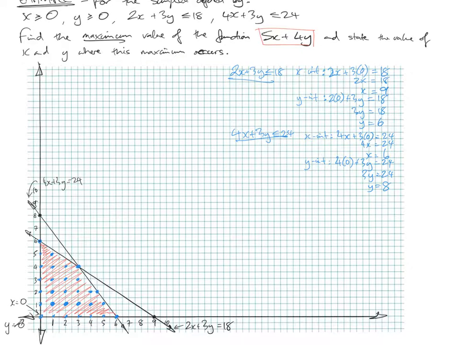To run the simplex algorithm, we need to chuck in the feasible solutions and the objective function on this side, which was 5x plus 4y.